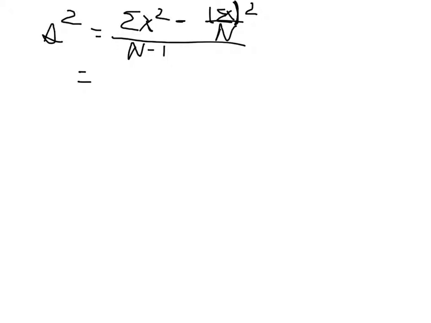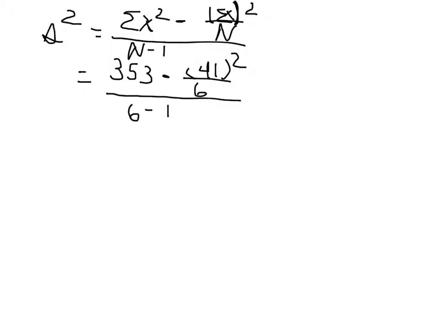Okay, so in this case, we have 353 minus 41 squared over 6, the whole thing over 6 minus 1.